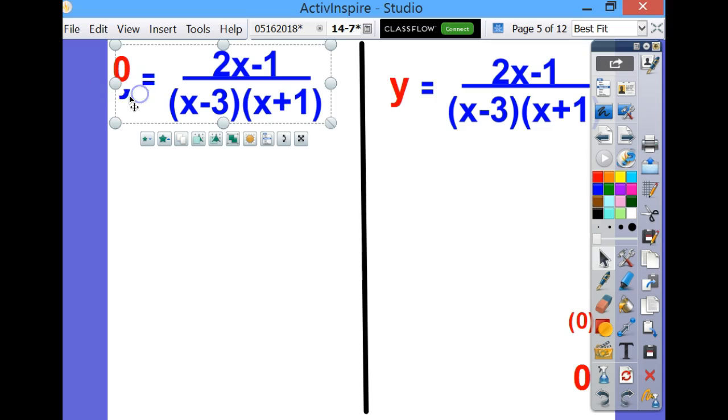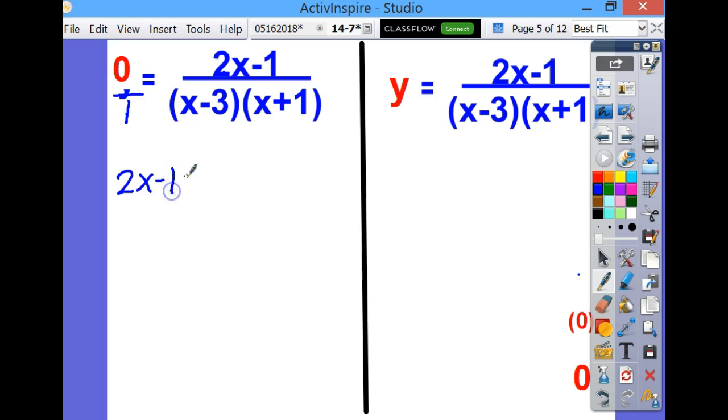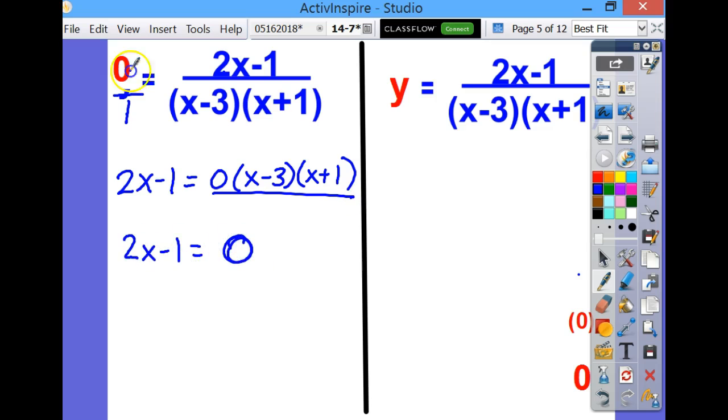And so that's 0 over 1, and 1 times the numerator is that much, and 0 times the denominator is that much. And so what is this equal to? You're always going to be multiplying 0 times the denominator, so the denominator is always going to 0 out. And so then you're going to add 1 to both sides and divide by 2.